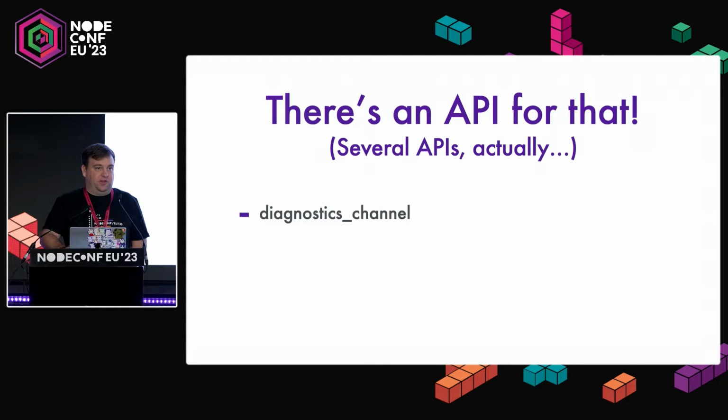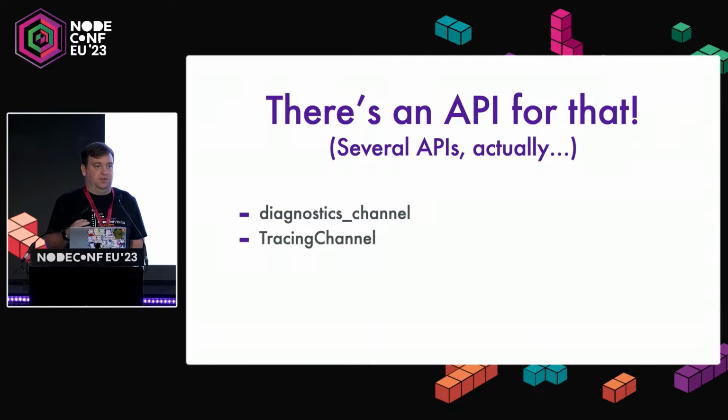Diagnostics Channel is basically a high performance event emitter that's focused on emitting lots of generic diagnostics events about anything. It doesn't really impose much structure on what that looks like.